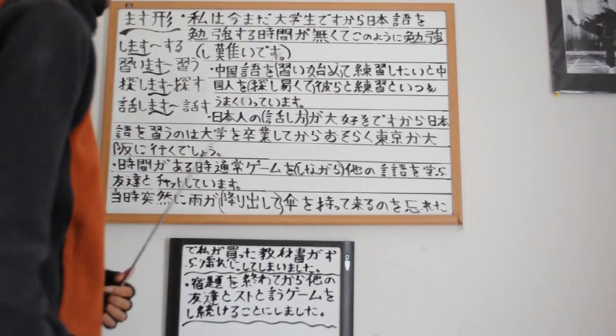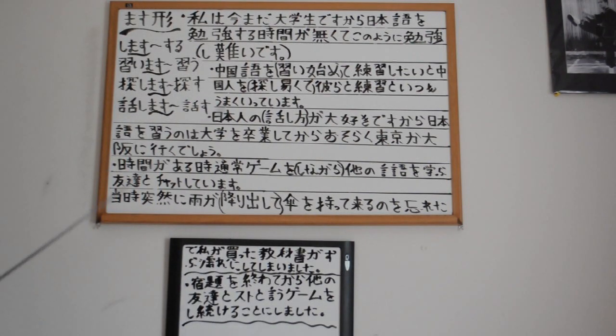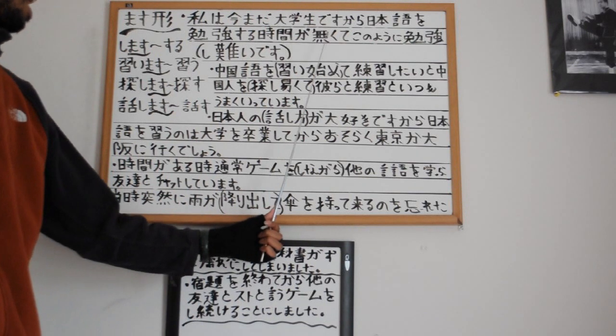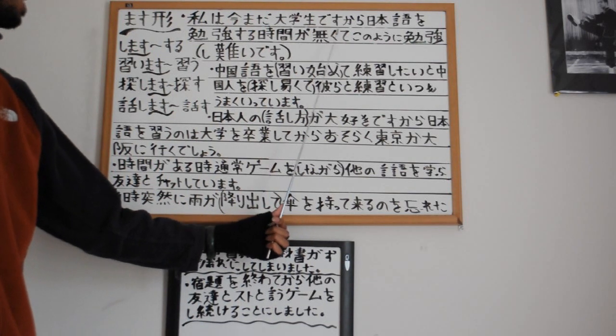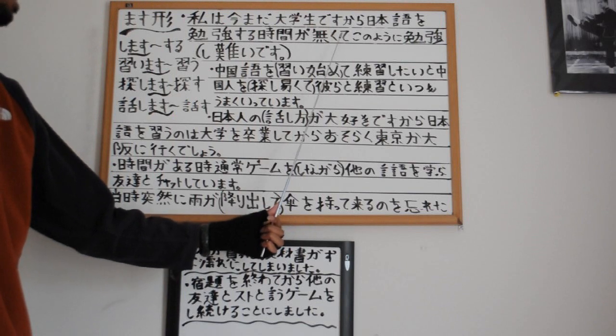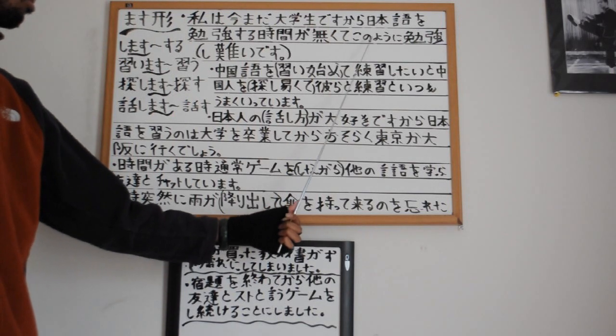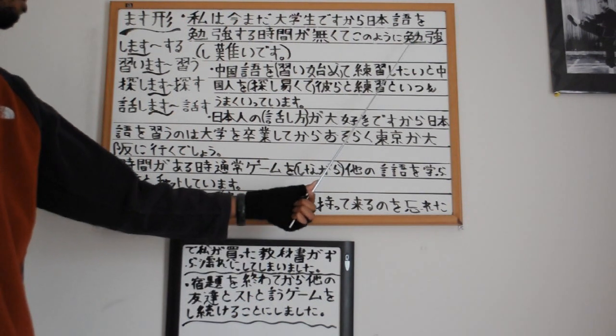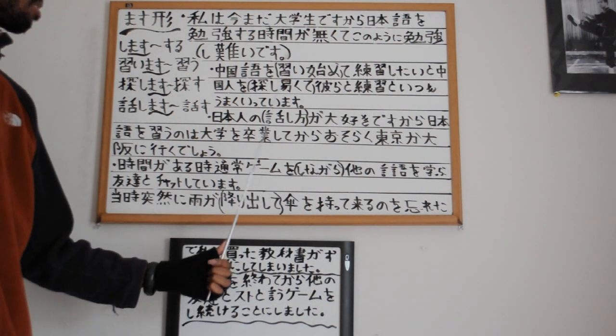Nai, it's just a less formal way of saying arimasen. So, benkyou suru jikan ga nakute, don't have, and nakute, kono you ni, like this, in this way, benkyou shi nikui desu.